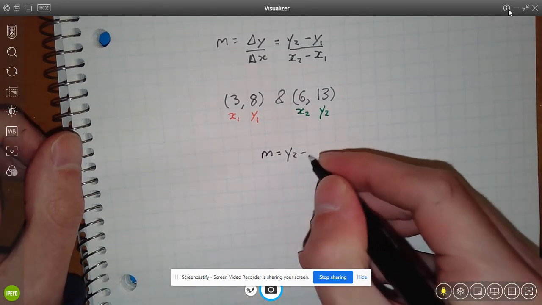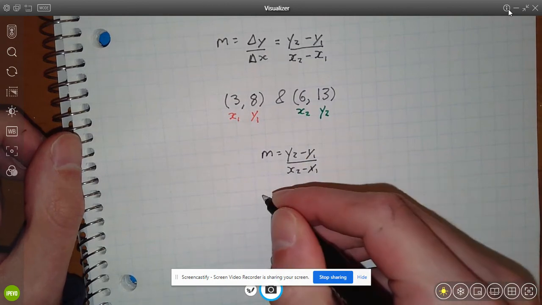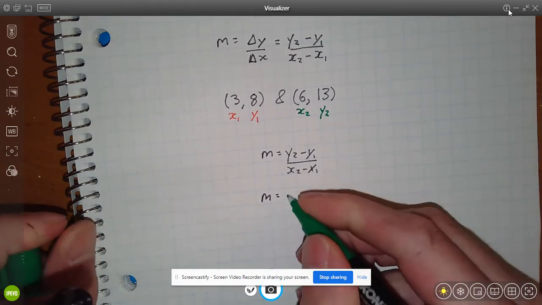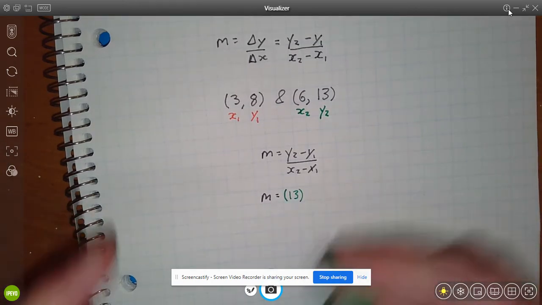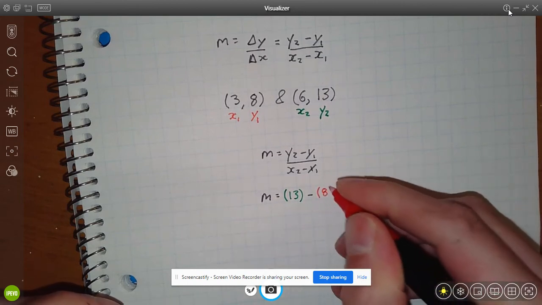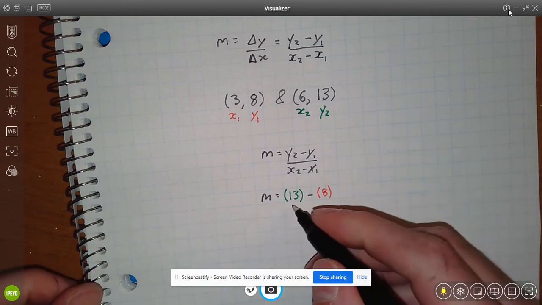So our slope formula, y2 minus y1 over x2 minus x1. So y2 I can replace with 13. And then I can subtract y1, which I will replace with 8. So the difference between my y coordinates, my change in y, is 13 minus 8.